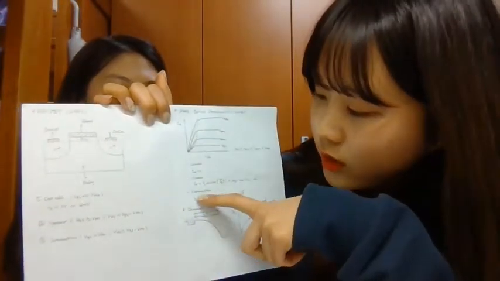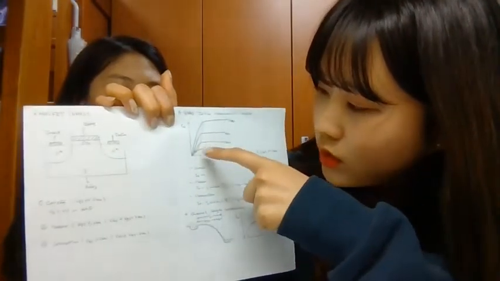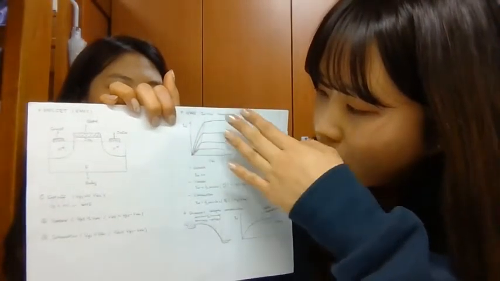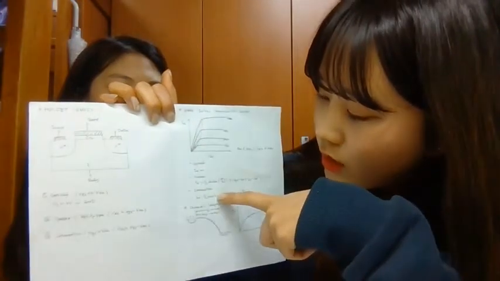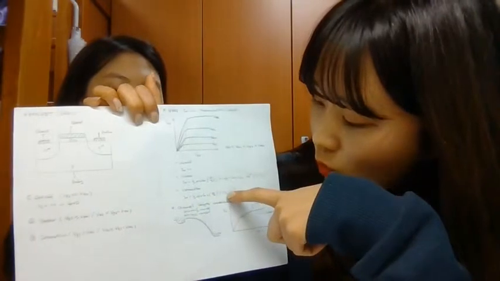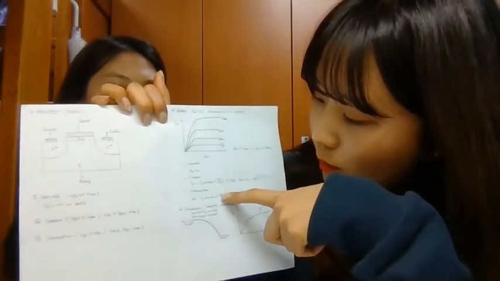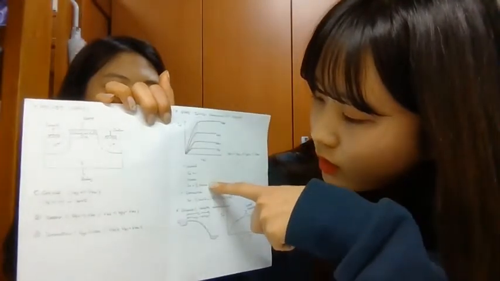So in this equation, gate source voltage and drain source voltage are important variables. And third part is the saturation state. When you see this graph, the right side of the red line is the saturation state. When you see this equation, there is only one variable, that is gate source voltage. This is different from the linear state.